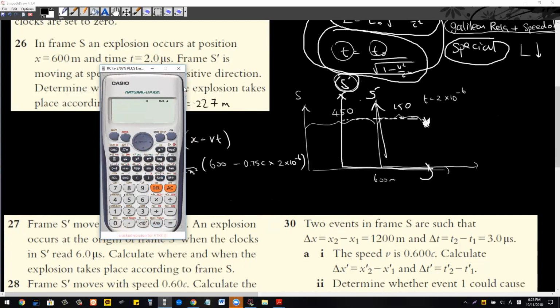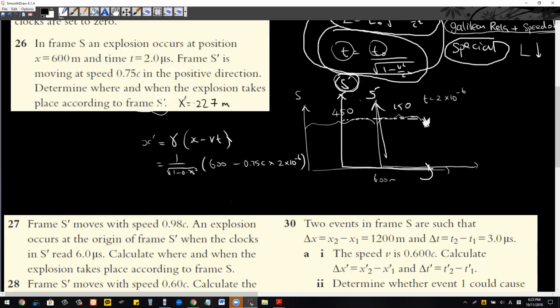I'm just going to look at the answer. They wrote 226.8 meters. Now let's talk about when it takes place according to this frame.